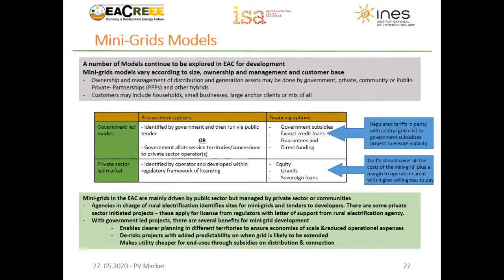They also help in de-risking some of these projects by making it clear or predictable how the grid is going to extend to such areas when there's need for grid extension. And also they try to make the utility cheaper, sometimes by providing subsidies and any other benefits that can make the tariffs low.